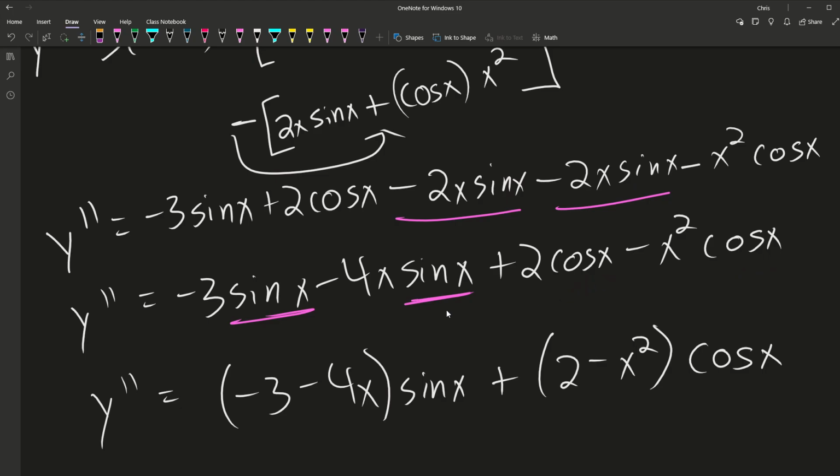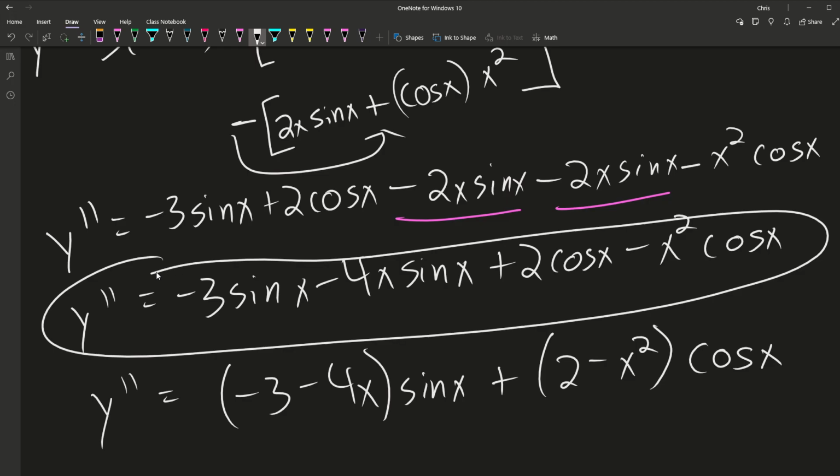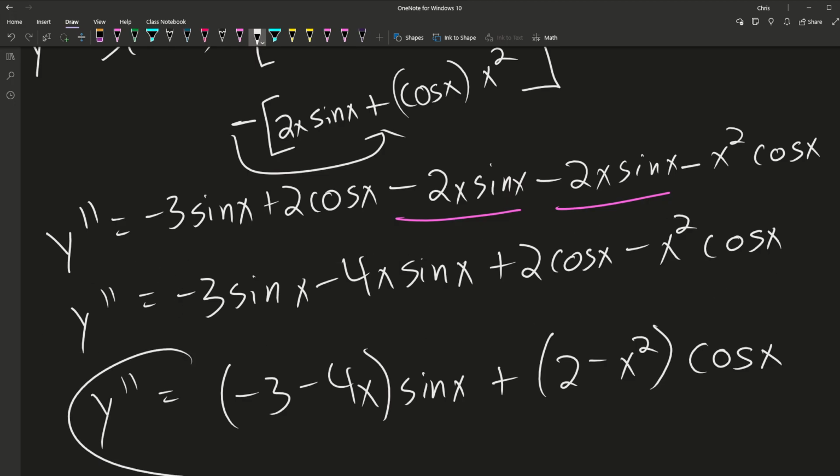It's perfectly fine to leave our answer like this for the most part, but sometimes it's nice to factor it like this.